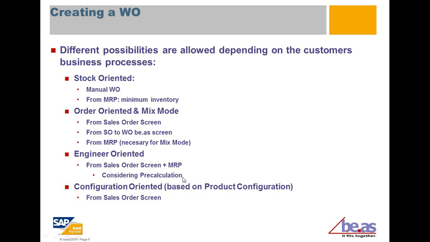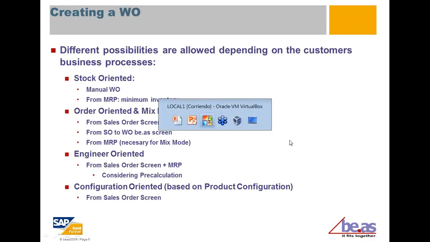Later, of course, you will need to run MRP, because you may need to create some sub-assemblies, or because the engineer is doing some modifications directly in the work order. And the other possibility is to create again from the sales order screen, but when you have a configuration, you did it based on the product configurator model, not product configuration.